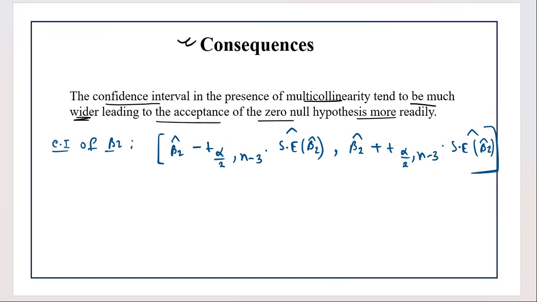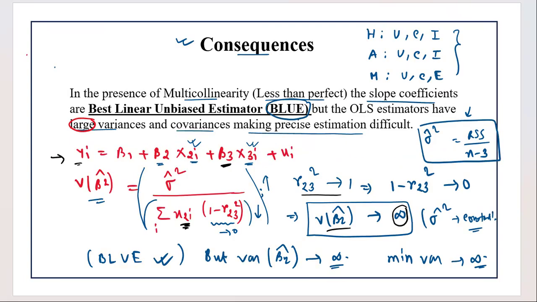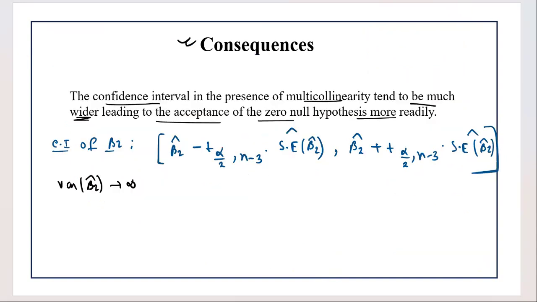Now, as I have told you, from the previous consequence, the variance of beta 2 cap is tending towards infinity. Standard error of beta 2 cap is simply the square root of variance of beta 2 cap, so it will also tend towards infinity. I hope this much is clear.